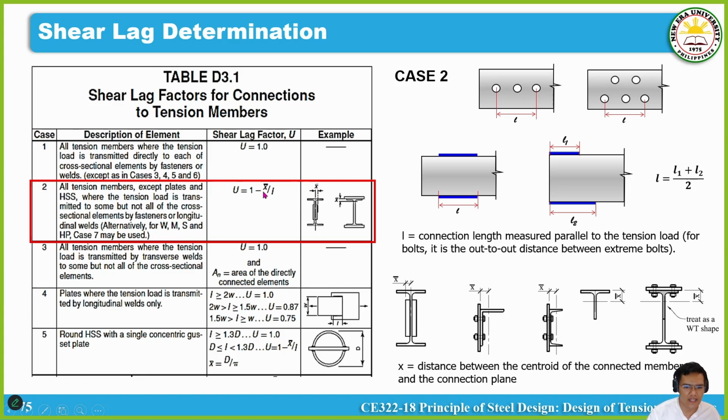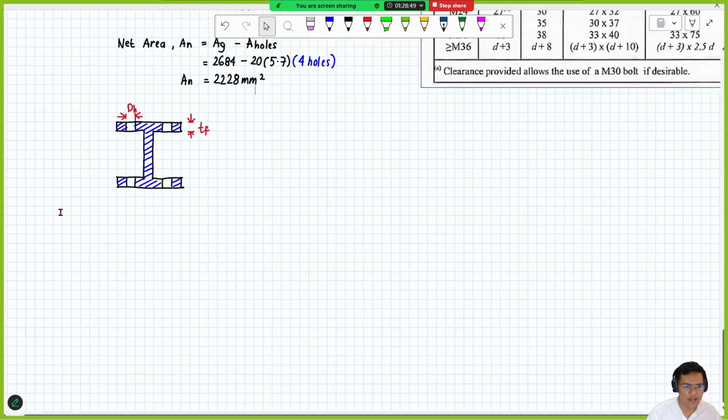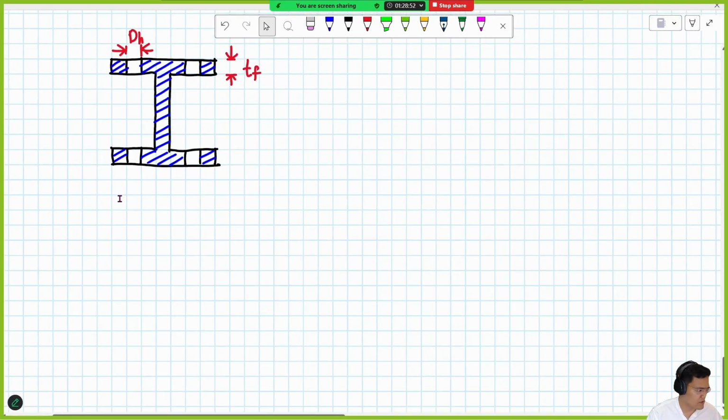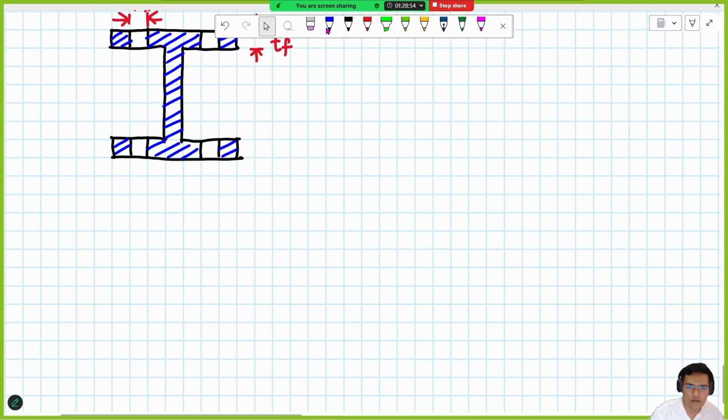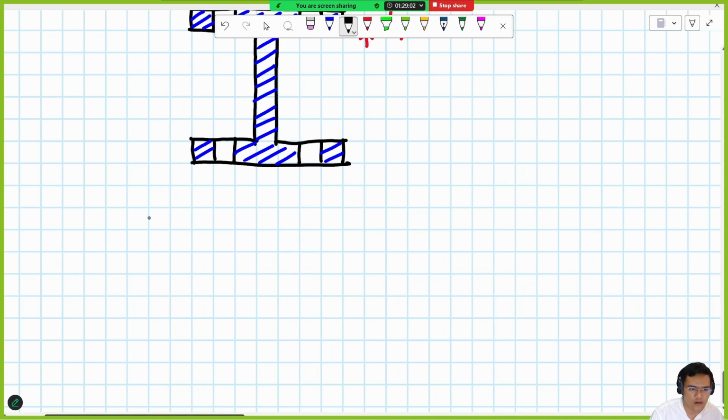And this is our formula. Okay? Let's use this formula for the shear lag calculation. So, let's go back there. Okay?